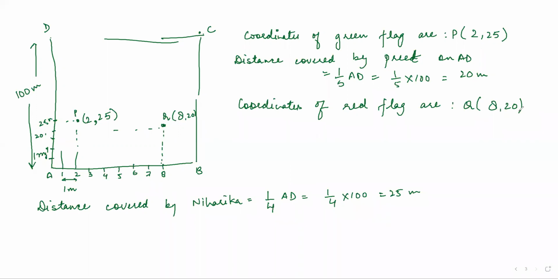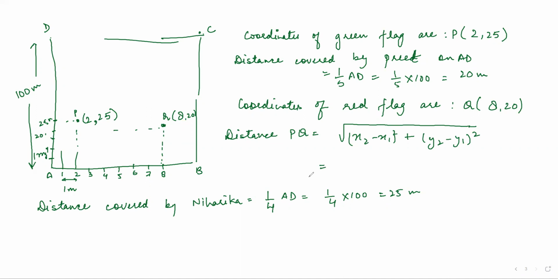You can use distance formula. So distance PQ will be square root of x2 minus x1 whole square plus y2 minus y1 whole square, right? So can you find it now? Both of you, please tell me how much is PQ?